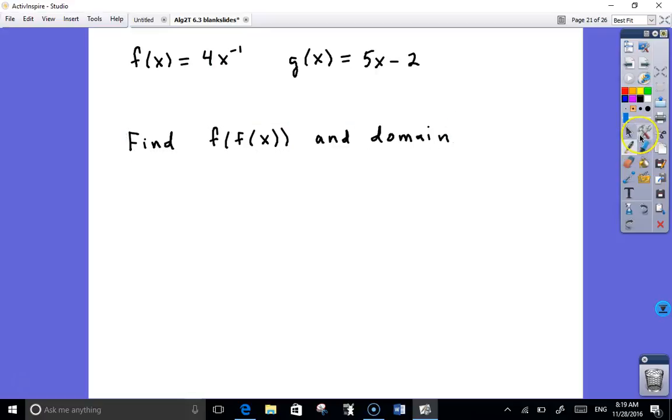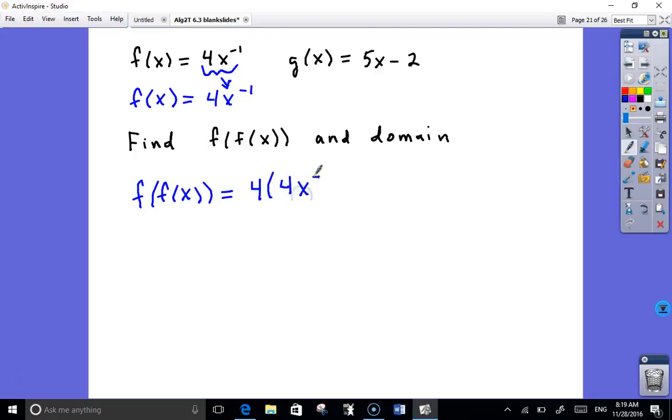I'm going to write myself another f of x equals 4x to the negative 1. And then I've got to take this f of x and put it in the place of x there. Right, that'll look like this. F of f of x equals 4 times 4x to the negative 1 to the negative 1.